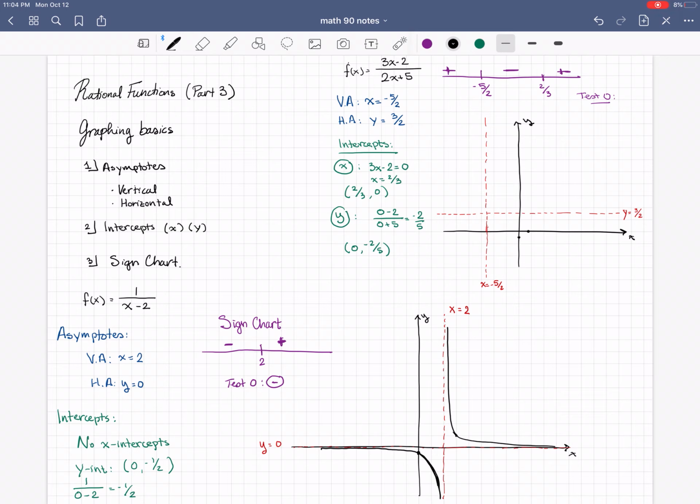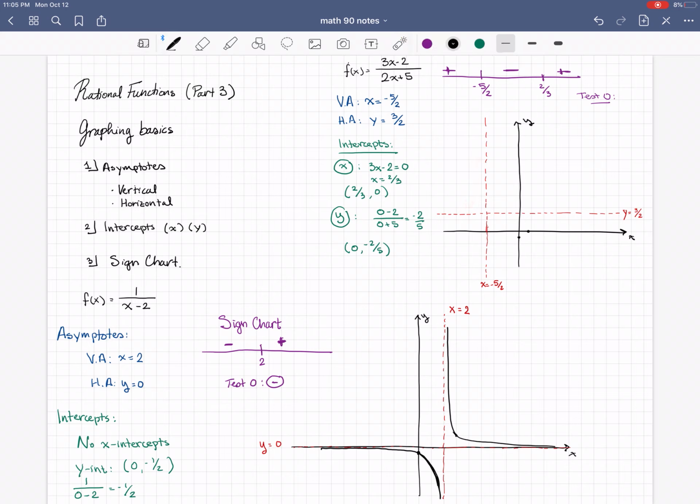And finally, sign chart. You can go left to right on your sign chart. I like to pick one. So if I go left to right, that means I'm starting with this section first. And I'm seeing that the function is positive everywhere to the left of -5/2. So what that tells me is the graph is entirely above the x-axis, true, but also I have a horizontal asymptote that I don't cross, which means I have to hover entirely above it, and I have this vertical asymptote, which means I have that kind of surging behavior.